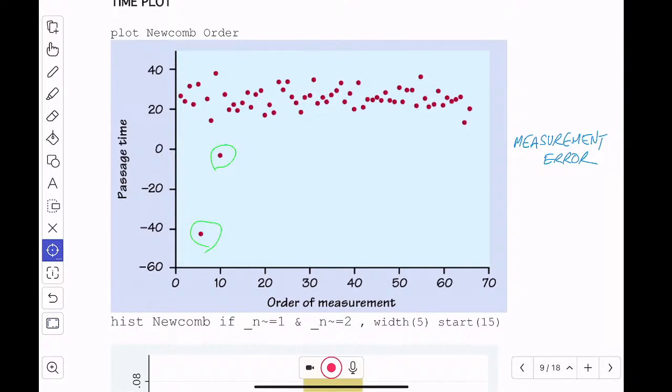That measurement took time to learn how to take. So those would be measurement errors, something wrong with the actual method used in measuring.